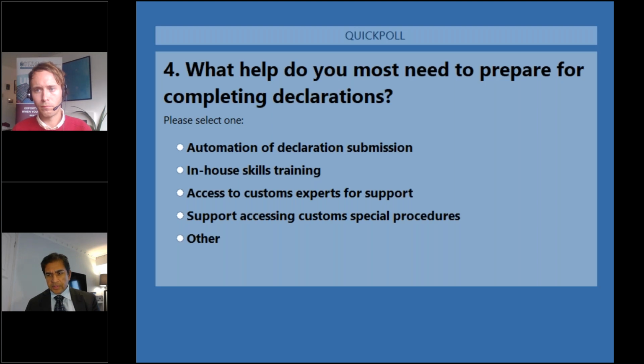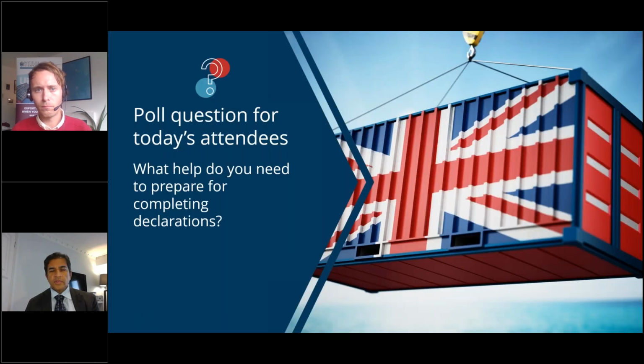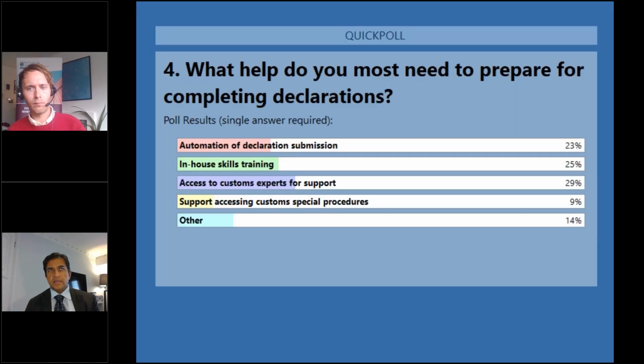DTS has a think tank of very, very experienced international trade customs people who can address even the most complex questions. So it's a one-stop shop for all of that, and I think that's what makes it stand out at the moment.